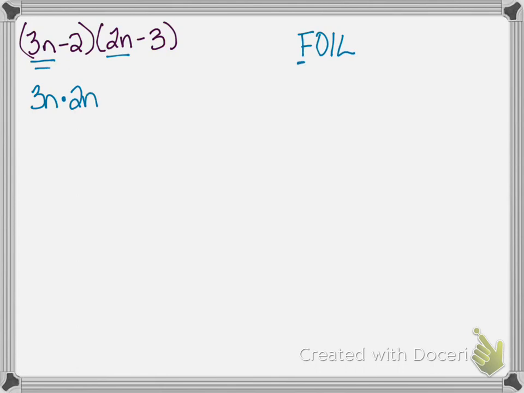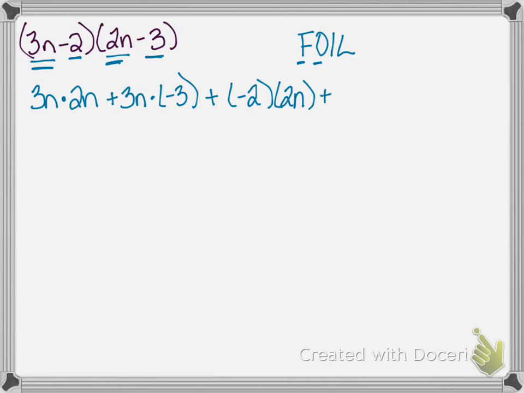Then I have 3n times negative 3. That deals with my outer. Then I have negative 2 for my inner times 2n. So that's my inner terms. And then my last are negative 2 and negative 3. So those are my last.